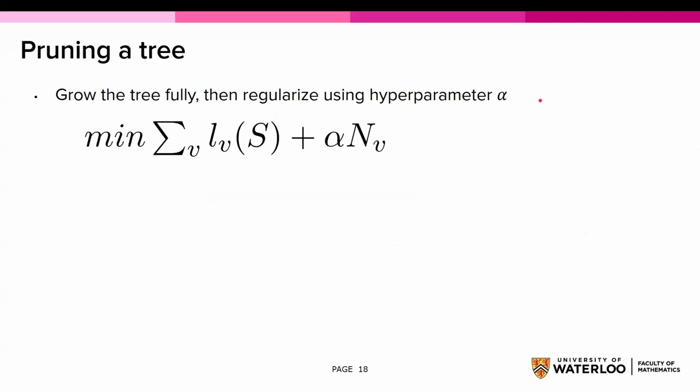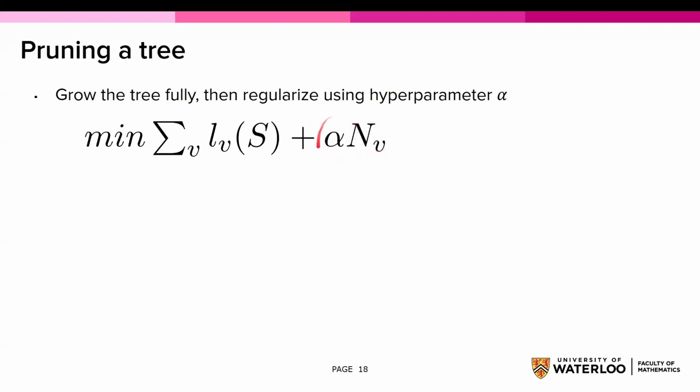So there's also a method to do regularization over decision trees. And so that's going to involve introducing a penalty for the number of leaves, n sub v. So this is the number of leaves here.